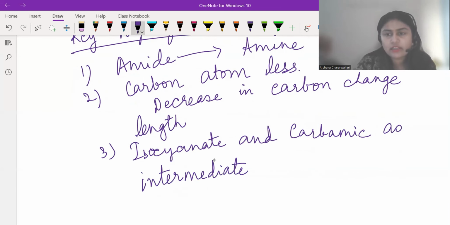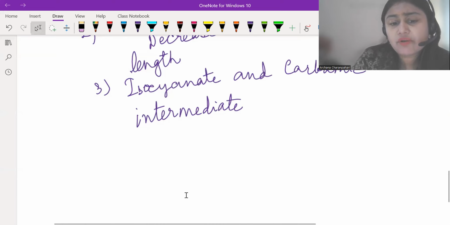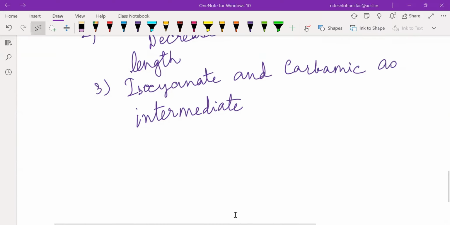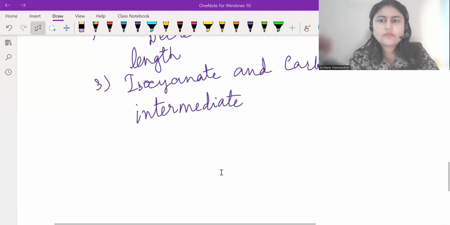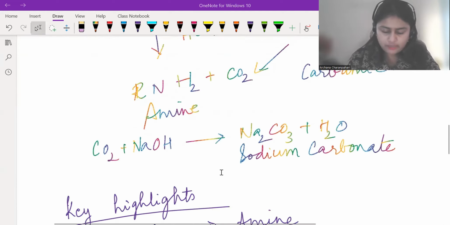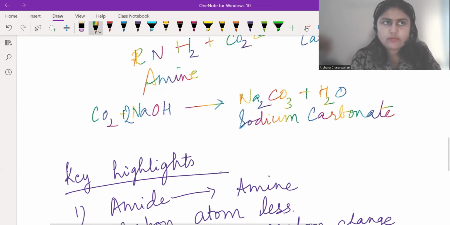So these are the key takeaways. If you want to understand the application of this particular reaction, then we will move on to the applications next. So is this reaction clear? You'll have two of this, then it is balanced.